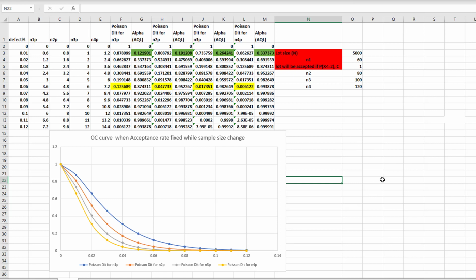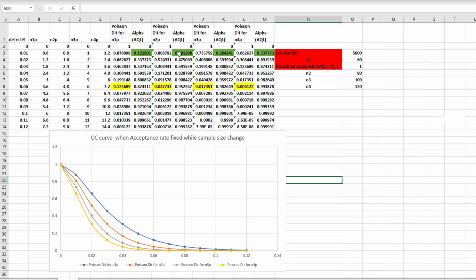You can also see from the table, if the proportion defective of the lot is, let's suppose, 0.01, then NP is 0.08, and the probability of acceptance of the lot is 0.809. Thus, the producer risk is 0.19.